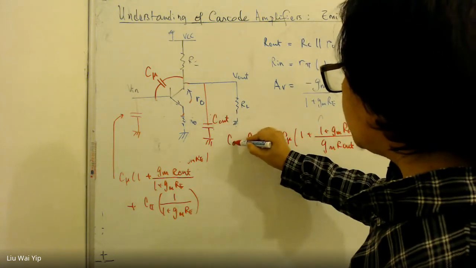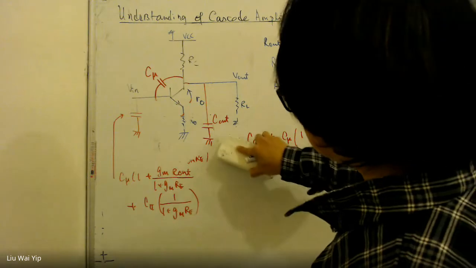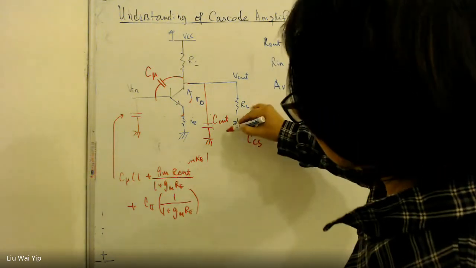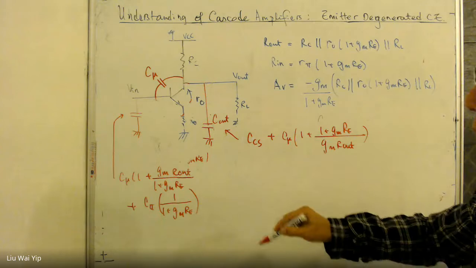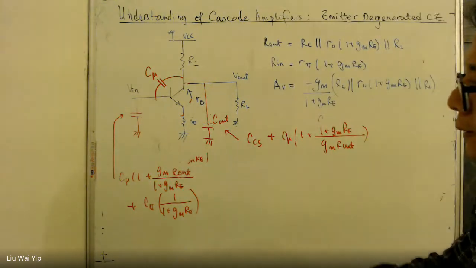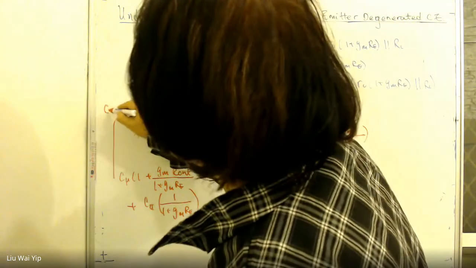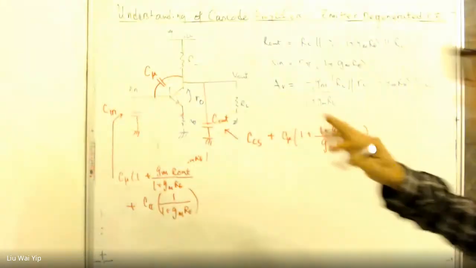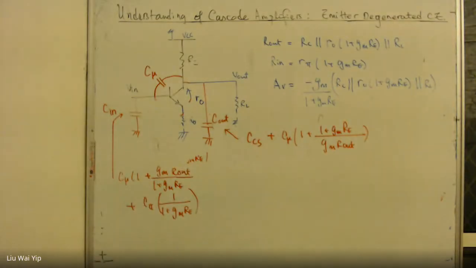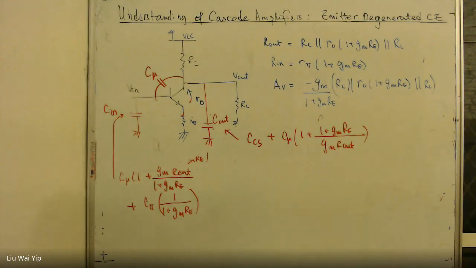So C out is this one here. And let's say this one is C in. And now with this much information, we can work out the high frequency effect.